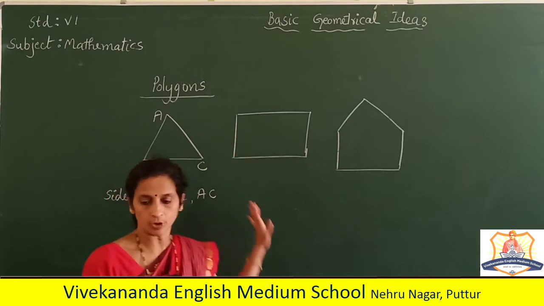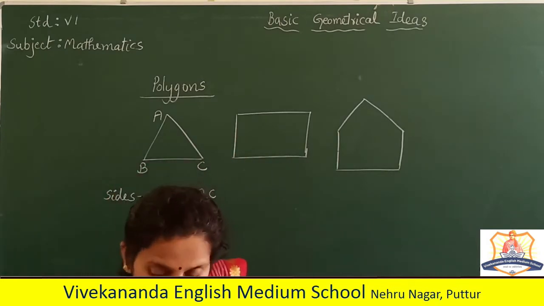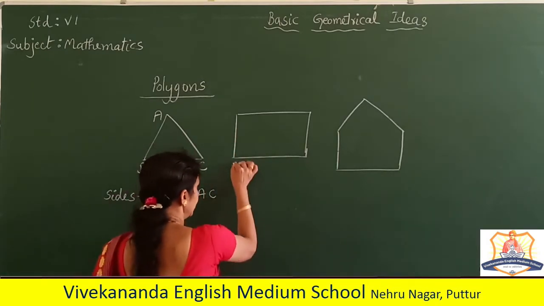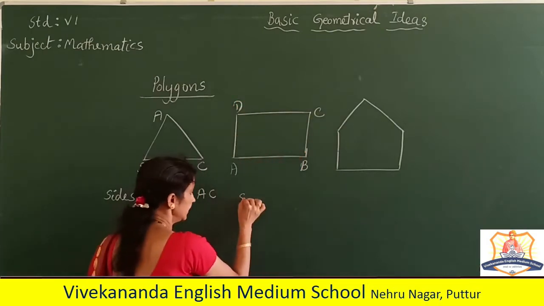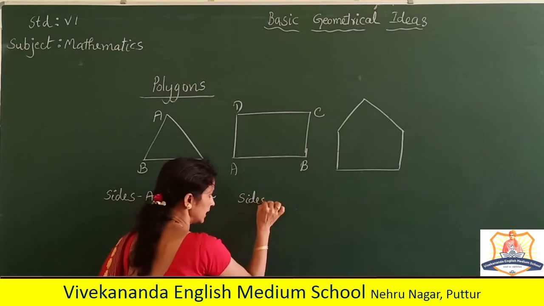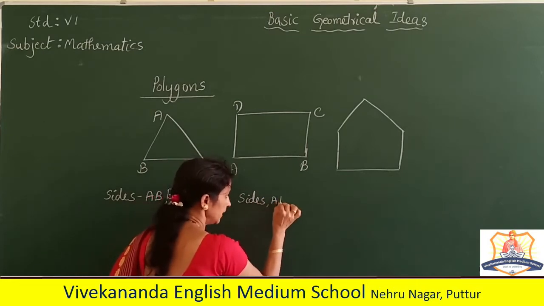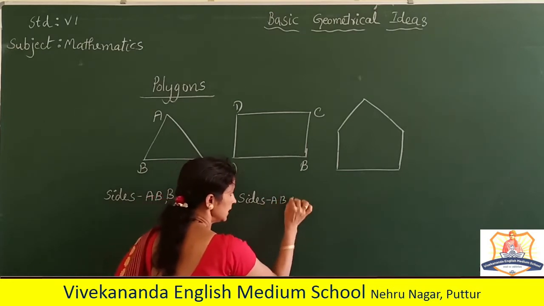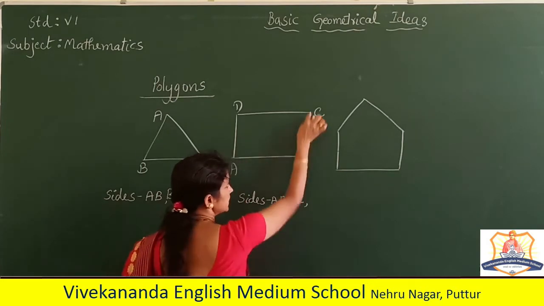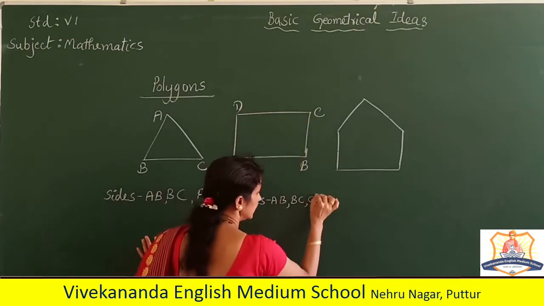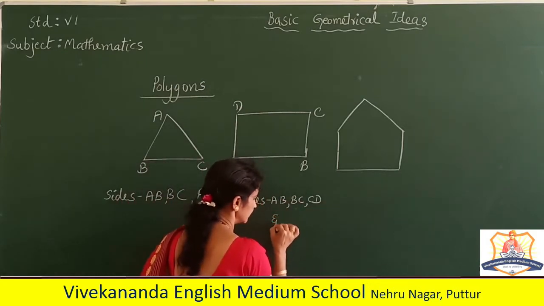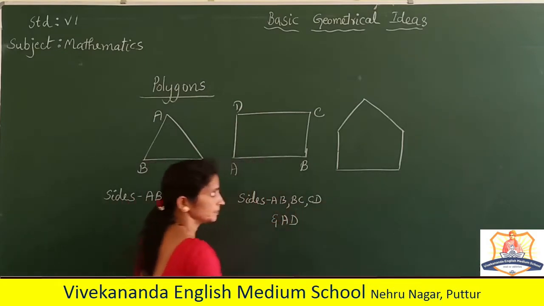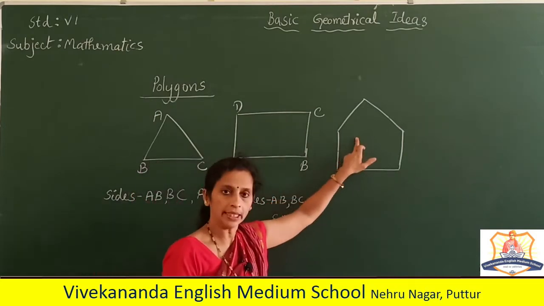Even in this, if you observe, there are 4 sides and we name this rectangle ABCD. The sides of this rectangle are AB, BC, CD and AD is the 4th side. Now this is a polygon.